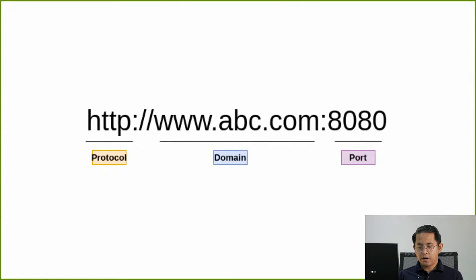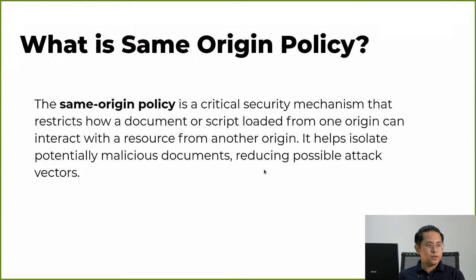You are trying to forge the request without the user knowing. That's the risk of doing something like that. So that's why there's a policy, the same origin policy. That's where the same origin policy was made.